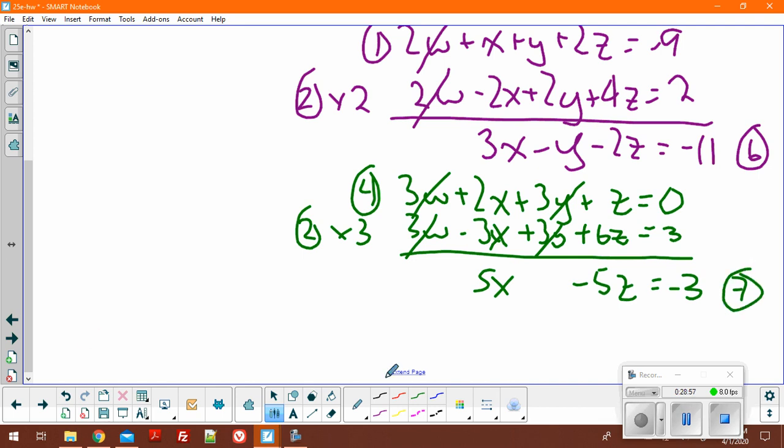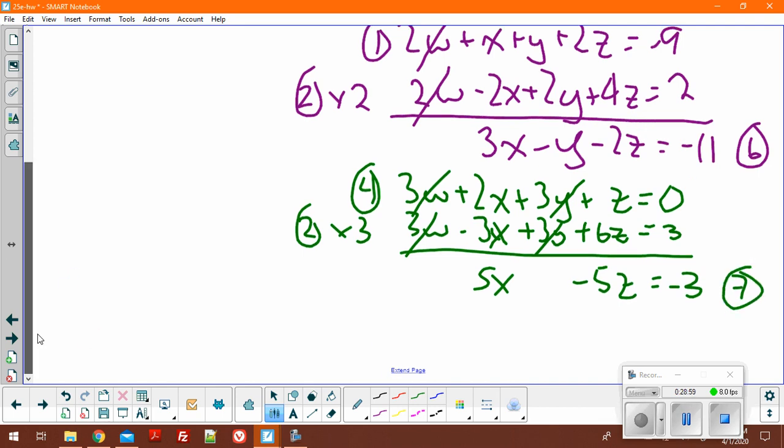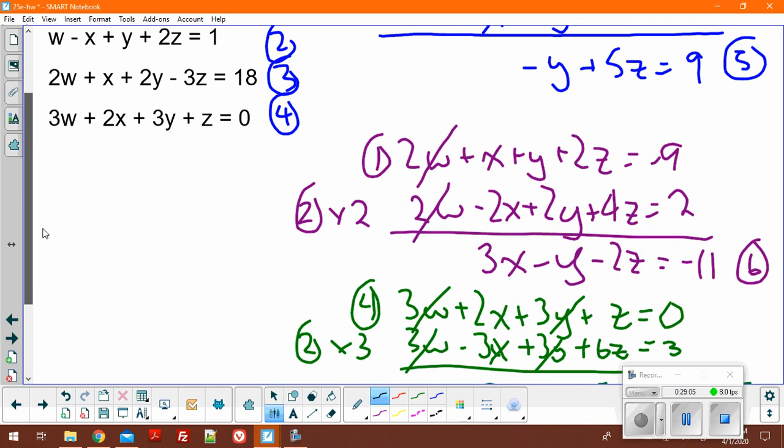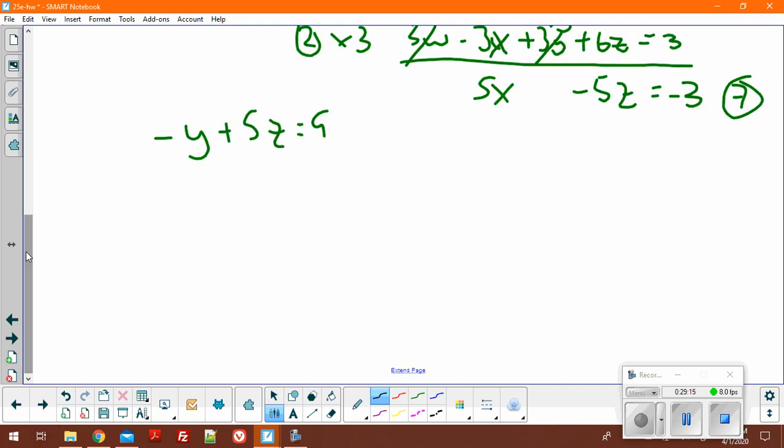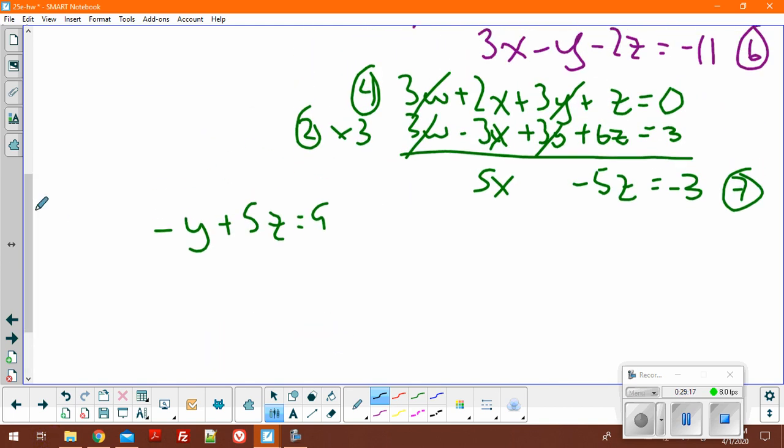So I'm just going to try copying those out for a second here. Now I have -y plus 5z equals 9. 3x minus y minus 2z is equal to -11.